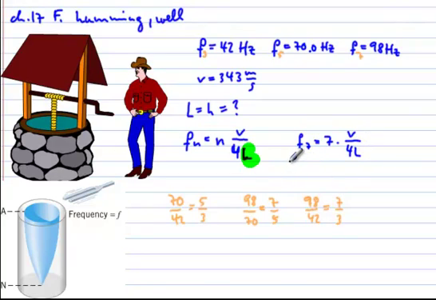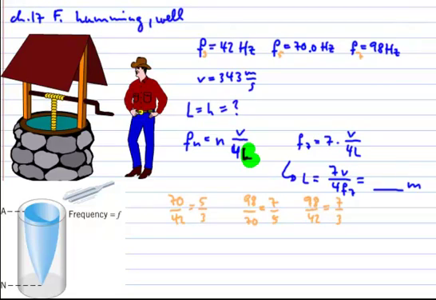We're supposed to come up with L, so L equals 7 times V divided by 4 times F7. Everything is in base units, so we're going to come up with the standard unit for the length L, or the depth of the well, in meters.